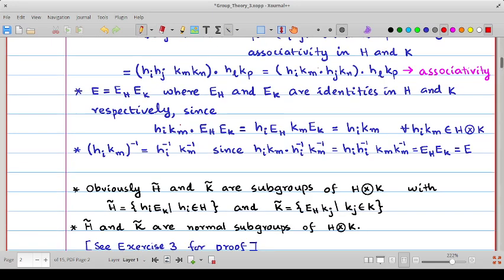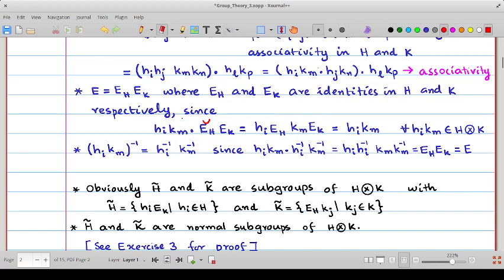Then you take any arbitrary element HIKM of H outer product K, then take the product with this identity defined as EH times EK. Now from the composition rule, this is equal to HI times EH times KM times EK. But HI times EH is HI and KM times EK is KM.